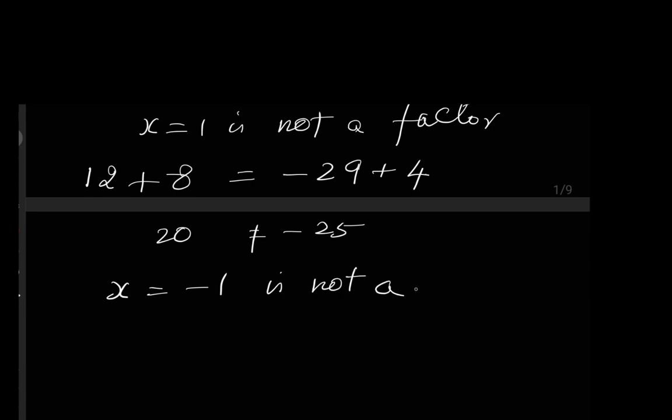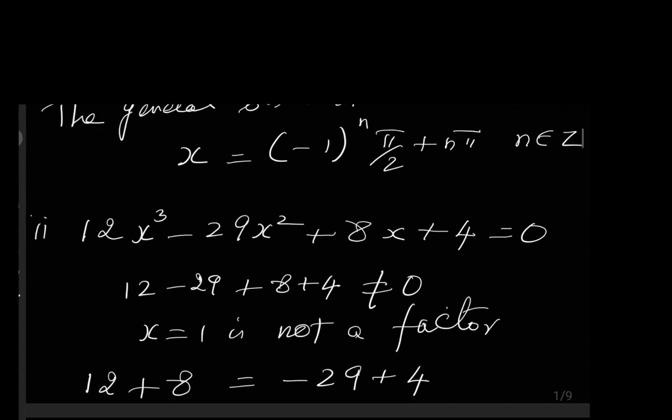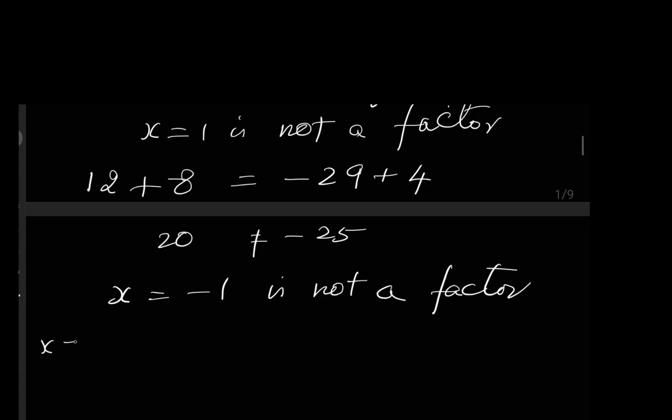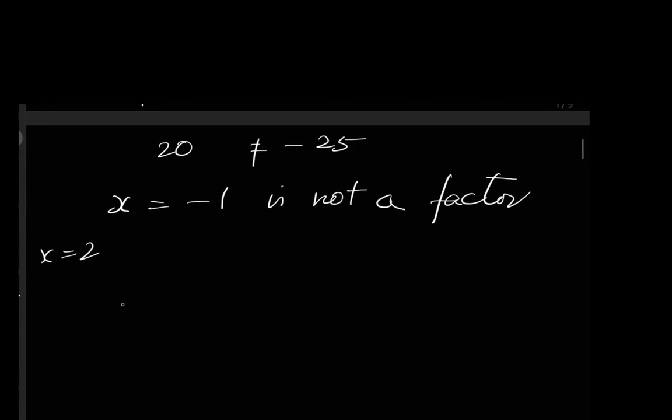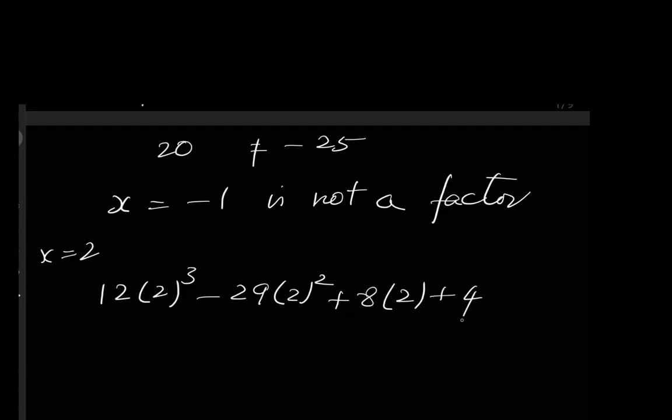Then try for 2. So for 2 you have to substitute here. Let me substitute x equal to 2. That is 12 times 2 cube minus 29 times 2 square plus 8 into 2 plus 4. 2 cube is 8, 12 8s are 96, minus 4 9s are 36, plus 4 2s are 8, so 96 minus 116 plus 16 plus 4.